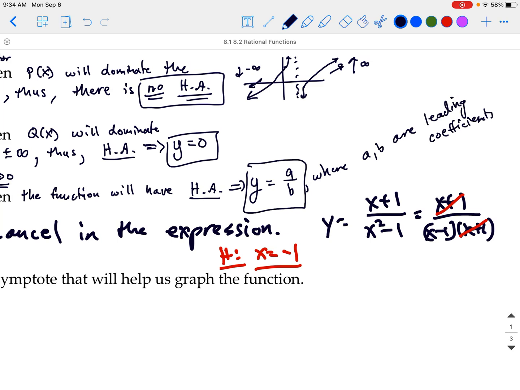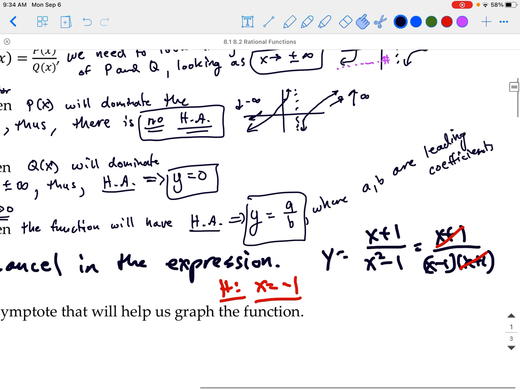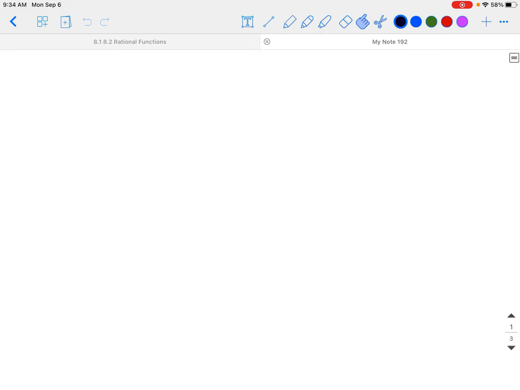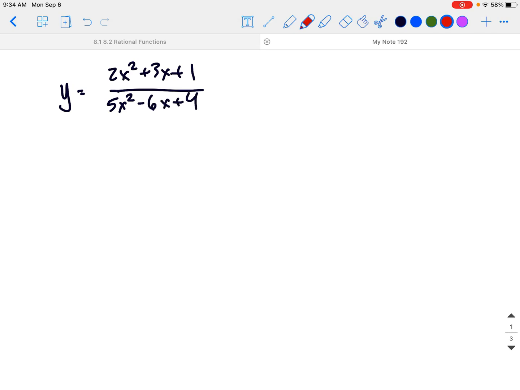So in other words, let me add a new page here. If we have y is equal to 2x squared plus 3x plus 1, and the denominator is 5x squared minus 6x plus 4, then as x goes to infinity, the terms that are smaller in degree become insignificant.